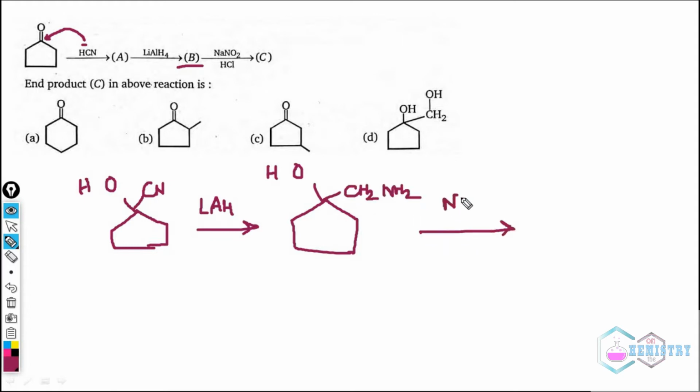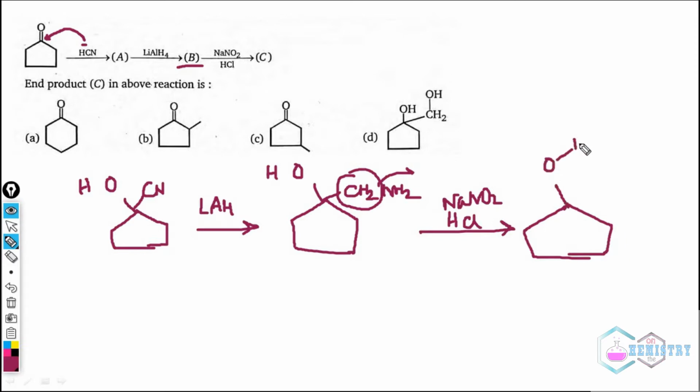Now when NaNO2 and HCl are used, this NH2 will be removed and a carbocation will be generated like this. Now this carbocation is primary and obviously unstable.